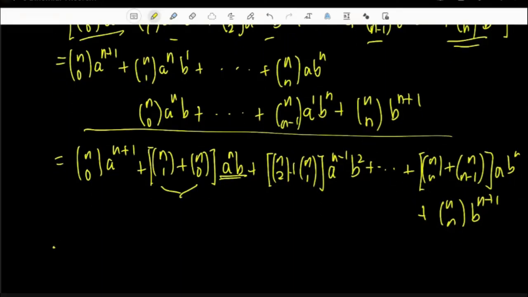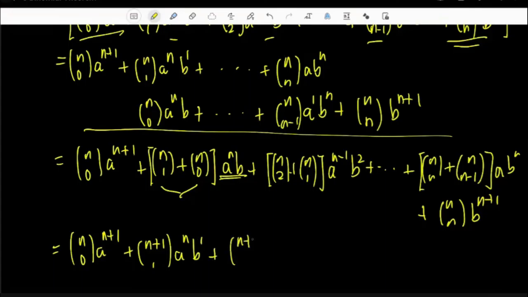So I can rewrite this as n taken 0 to the a n plus 1, plus, so this is n plus 1 taken 1, a to the n b 1, plus, this is n plus 1 taken 2, right? A to the n minus 1 b 2 and so on.